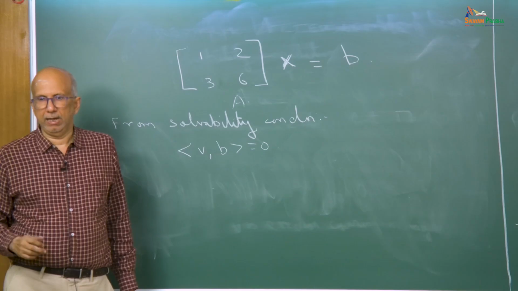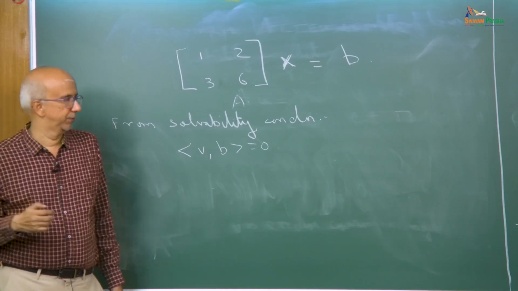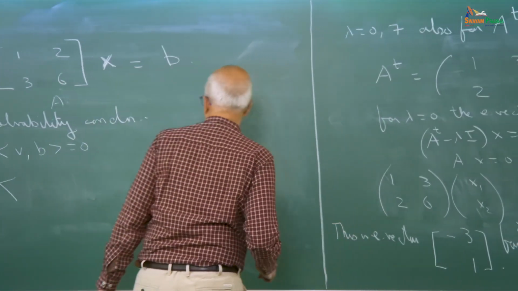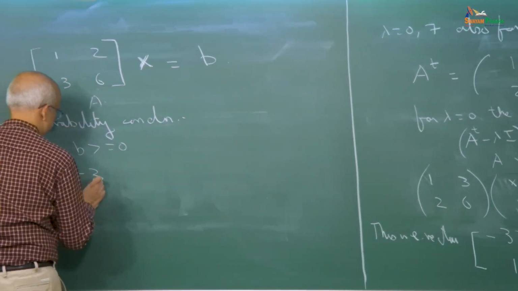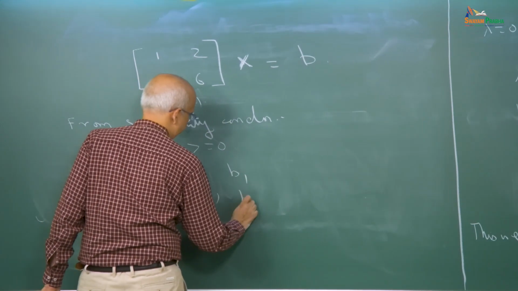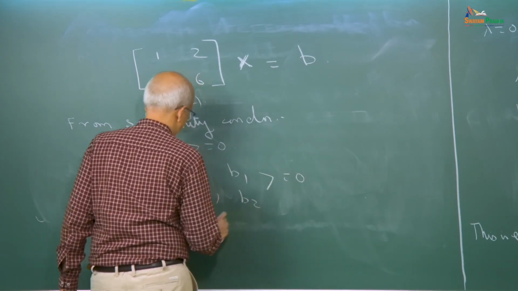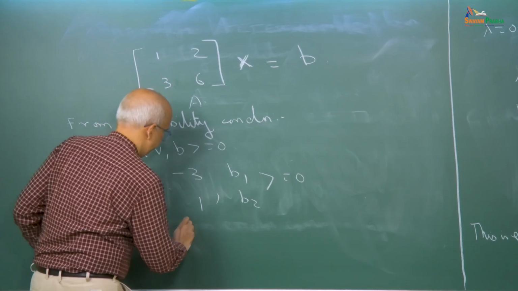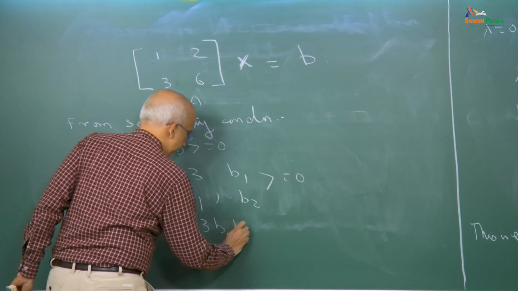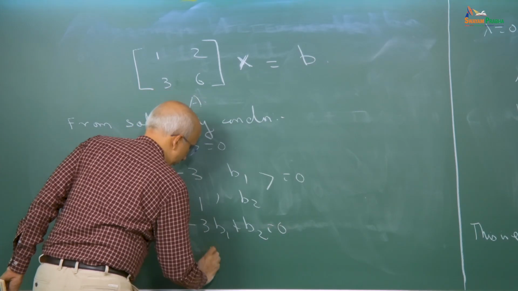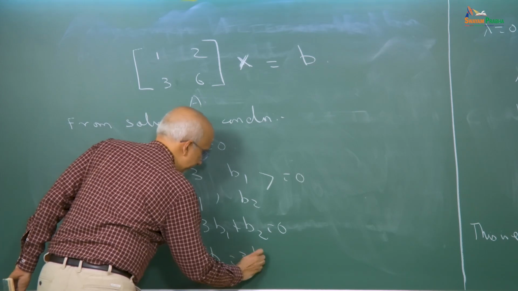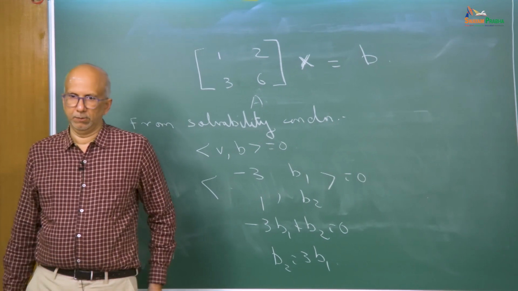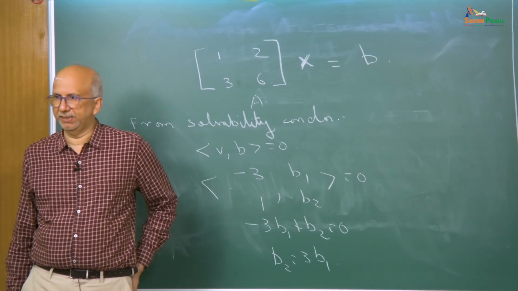And let us say B is B1, B2. So, basically I am saying the inner product of V, which is minus 3, 1, with B1, B2: minus 3 B1 plus B2 must be 0, or B2 must be 3 times B1. This is what the solvability condition tells me.